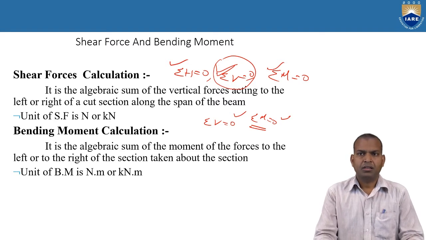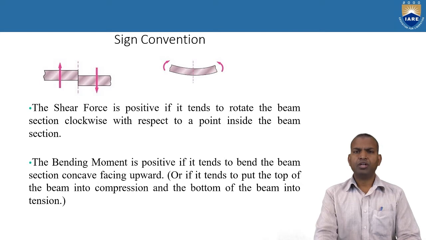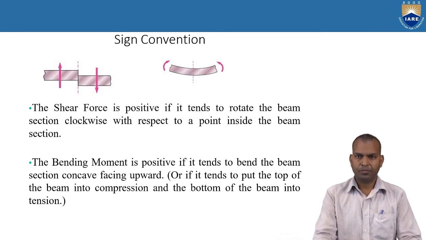Now, sign convention. In this session we are going to see the various types of sign conventions. If we don't have clarity about sign convention, we will make many mistakes while solving the problem.